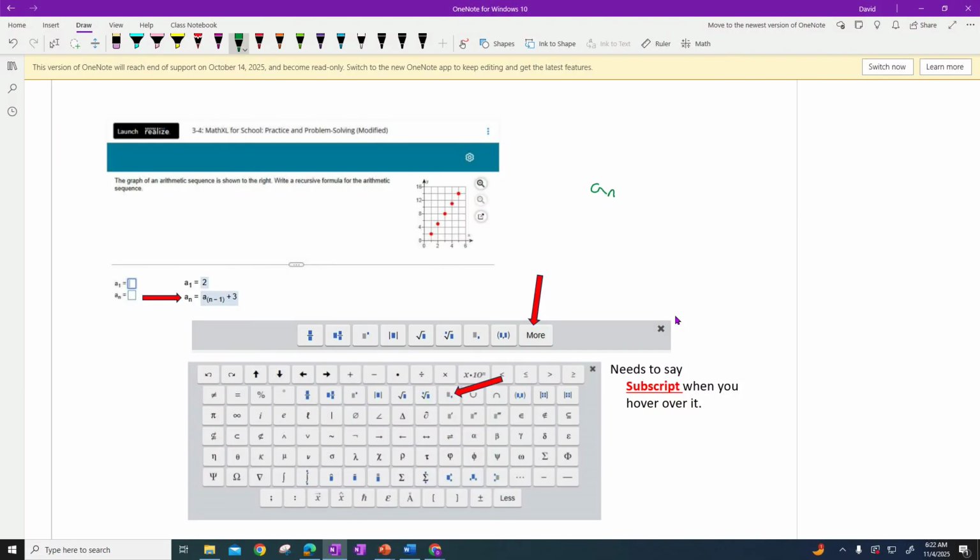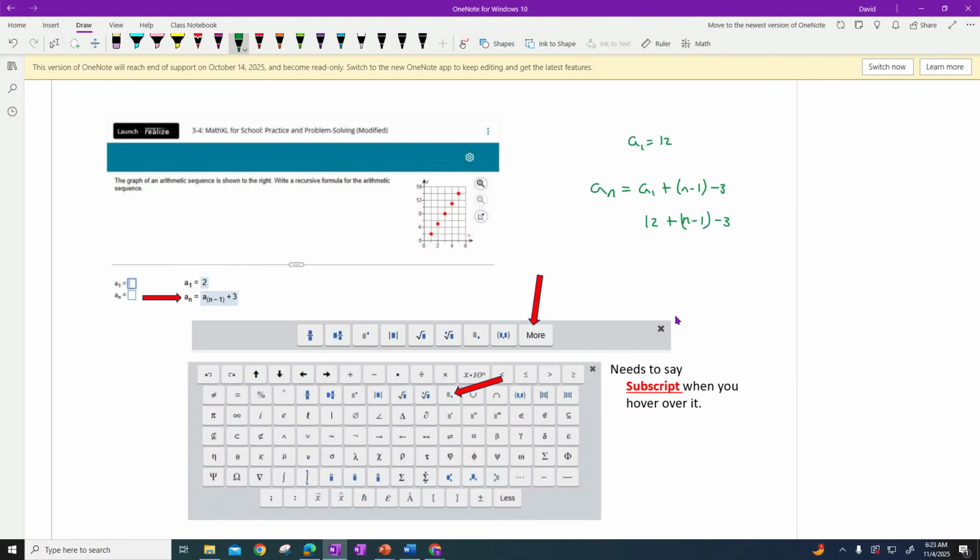Another thing that came up yesterday when I was doing my homework was something like this. It was A sub n equals A sub 1 plus the number I want minus 1, times d. And if d was a negative 3, when I put it in without parentheses around it, let's just say A sub 1 equals 12, and they said write me the explicit formula, so I want 12 plus n minus 1 minus 3.